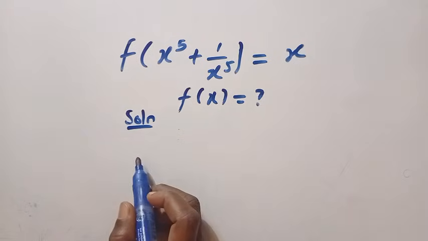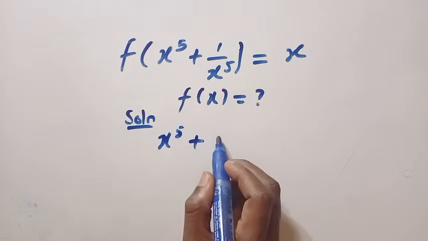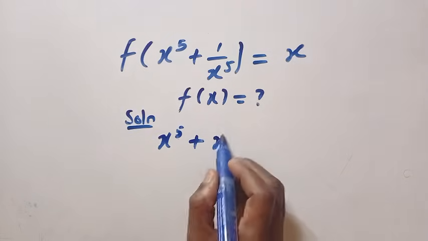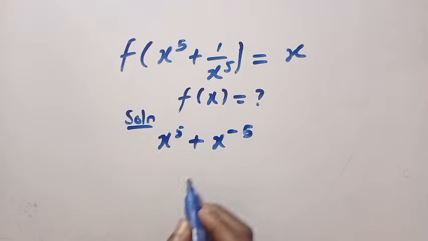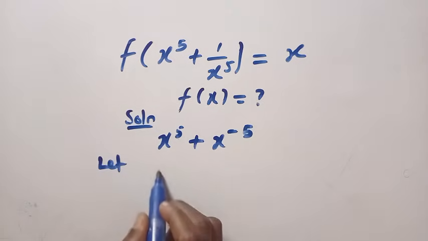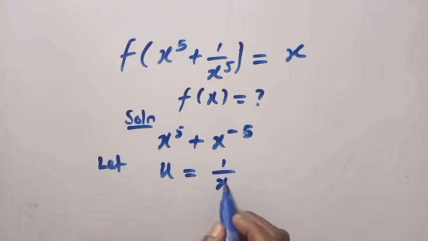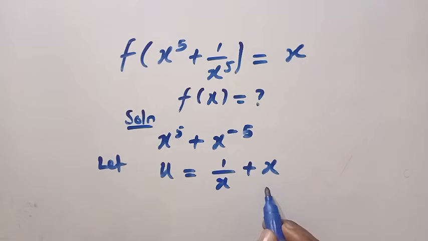So if you note that this domain x power 5 can also be written as x power 5 plus x raised to the power of minus 5. And if I let u be equal to x plus 1 divided by x, any of these two works.